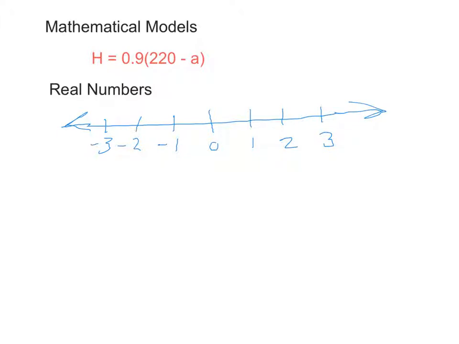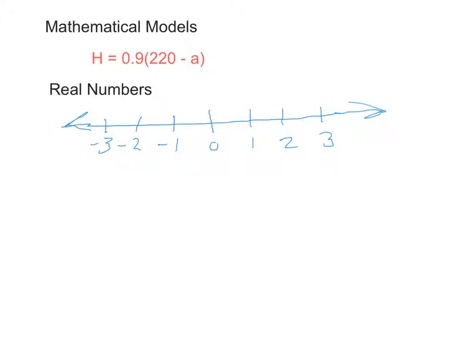Now, the line obviously has an infinite number of dots. So all these points between 0 and 1 represent all the real numbers between 0 and 1. Similarly, between 1 and 2, 2 and 3, and also on the negative side, between -1 and -2, all the values between those two numbers are represented on the number line.